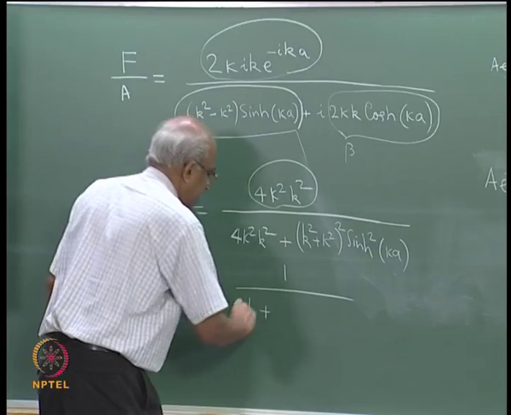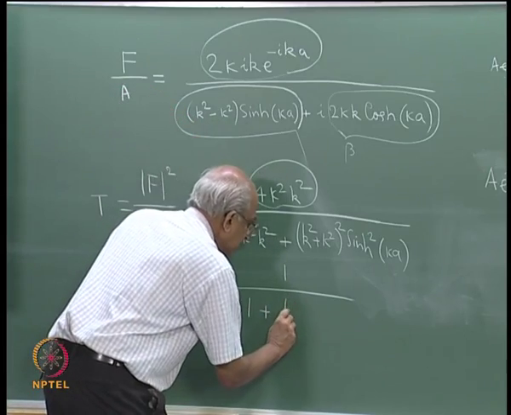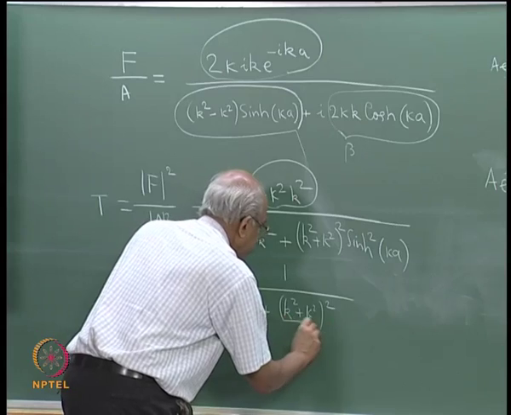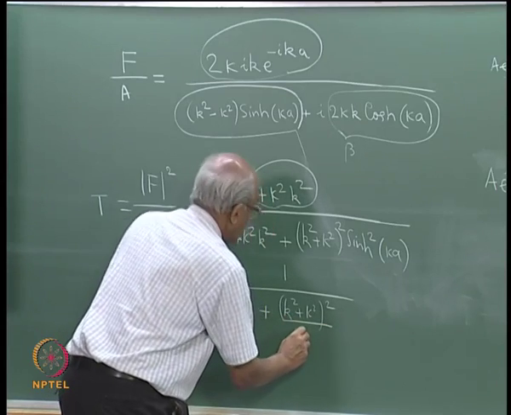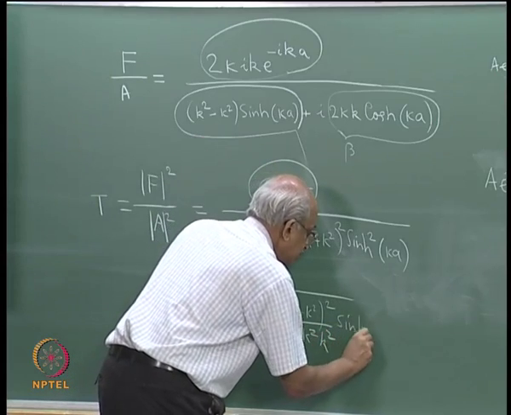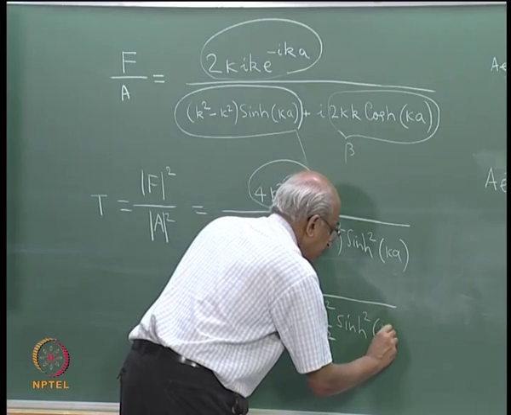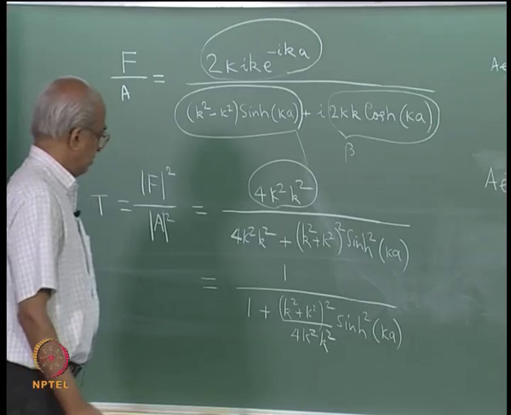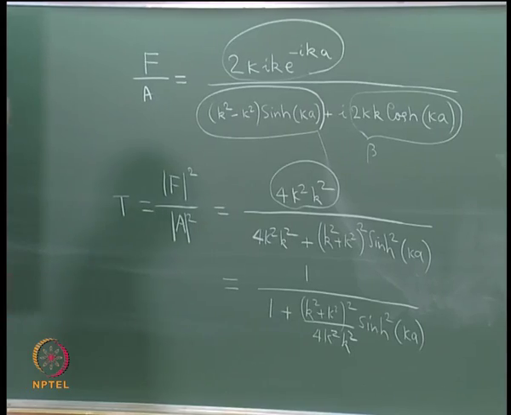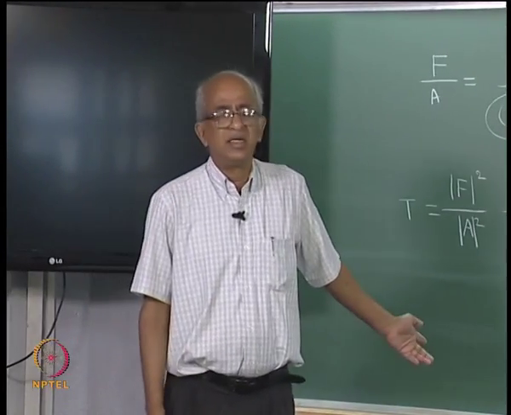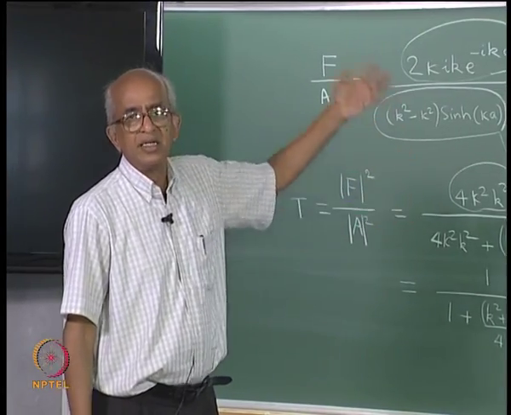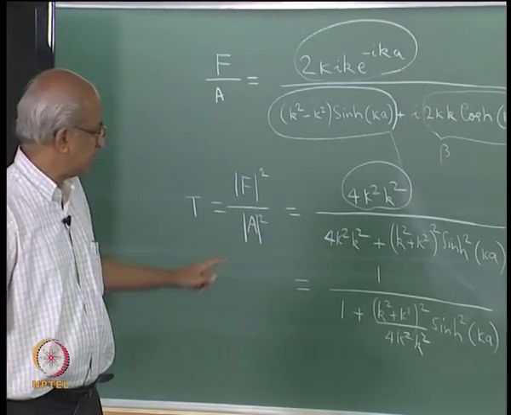So, therefore, you will have 1 divided by 1 plus k square plus kappa square the whole square divided by 4 kappa square k square sinh square kappa a. So, this is our final expression for the transmission coefficient, or in the case where the energy of the particle is less than the barrier height, we usually refer to this as the tunneling probability.